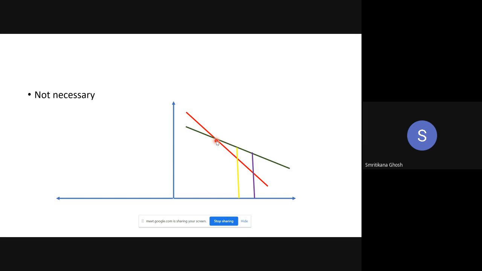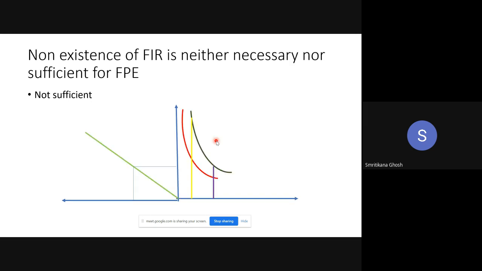Okay. So this question is very common. If you go through the last 10 or 20 years of question papers, you can find this is a very common question. First you have to understand, sometimes everything is in terms of non-existence, neither necessary nor sufficient. Sometimes it is in the positive way.